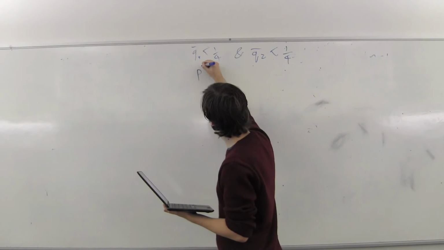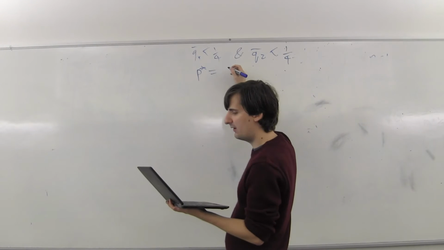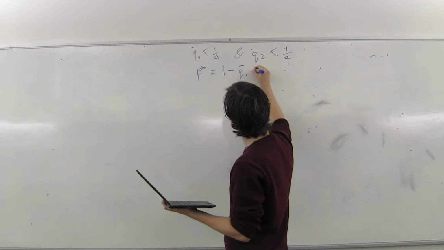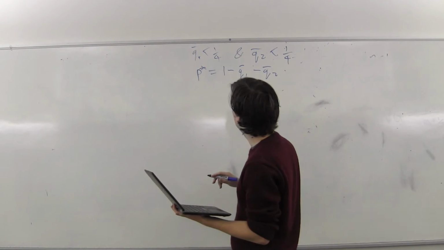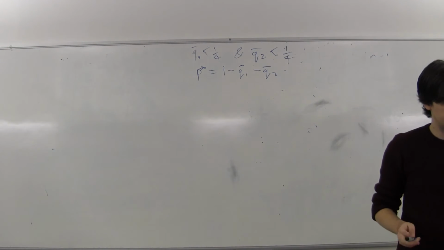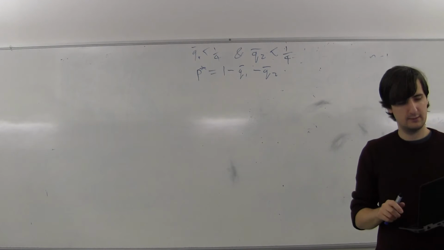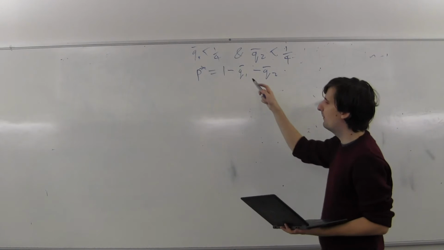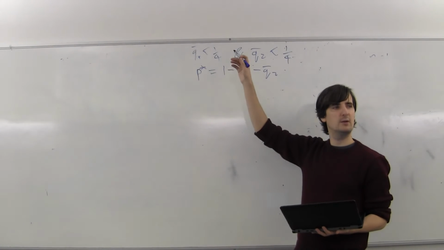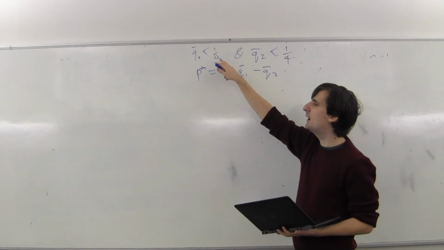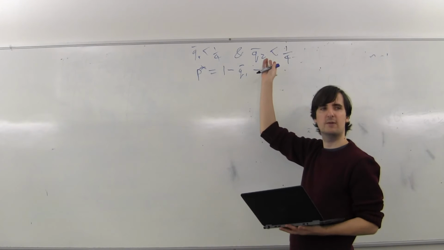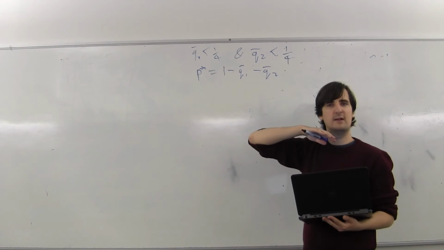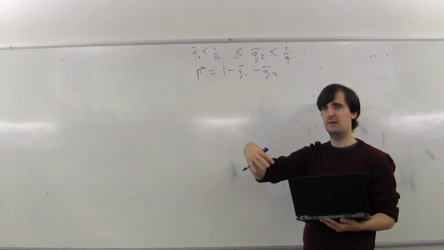The question asked us to prove that the same price, P star equals 1 minus Q1 bar minus Q2 bar, is an equilibrium. Remember when we did it with efficient rationing, we assumed that Q1 bar was less than a third and Q2 bar was less than a third. So with proportional rationing, we need lower quantities in the first period.